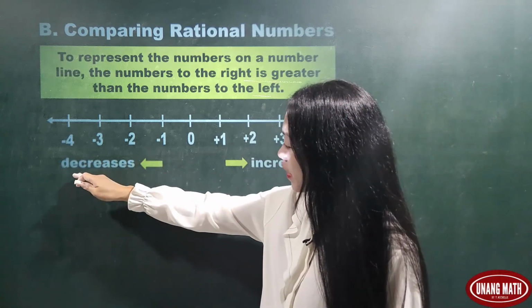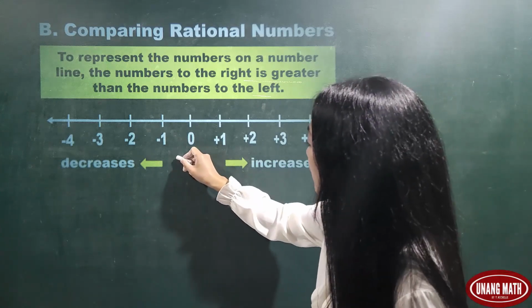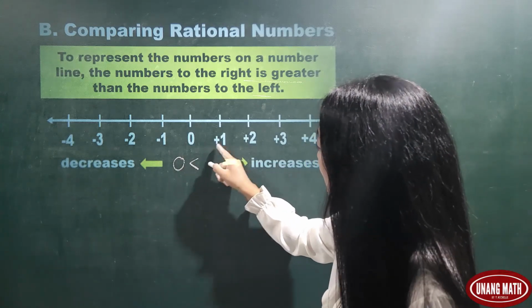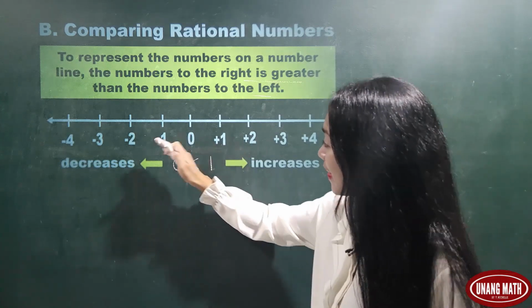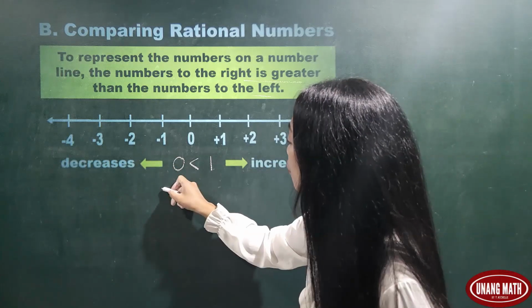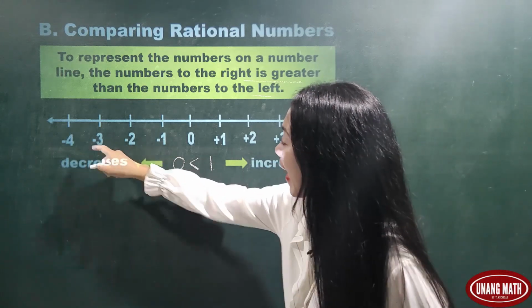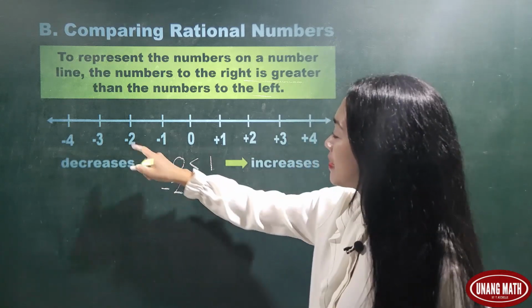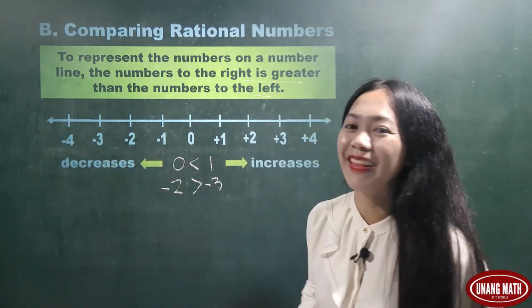But as we move to the left, the number decreases. Example, 0 is less than positive 1 because 0 is at the left of positive 1. Negative 2 is greater than negative 3 because negative 2 is at the right of negative 3.